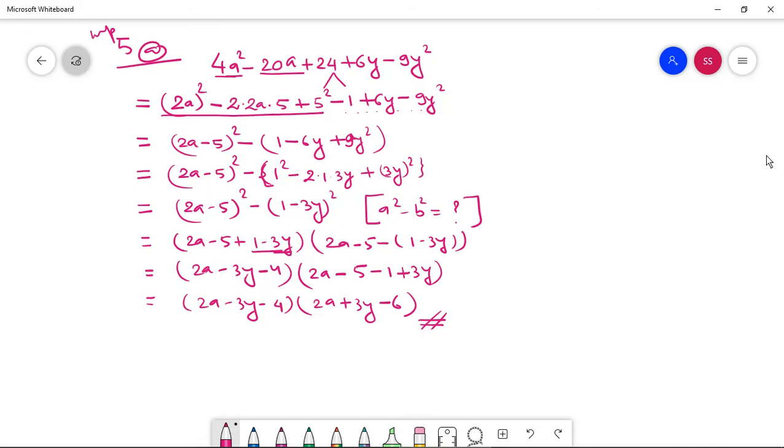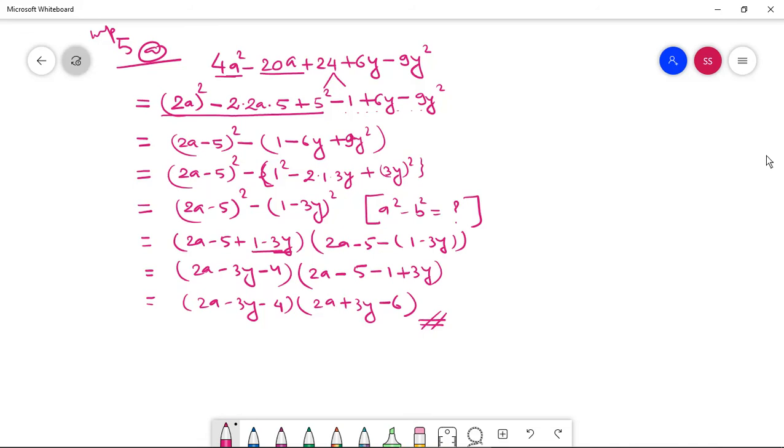Now we cannot add or subtract any terms; we should keep the terms equal. That's why, instead of 24, I have written 25. Other terms I just expand or factorize, but instead of 24 I have written 25, so to make it equal I have to subtract 1. So 25 minus 1 is also 24, and 6y and 9y square remain the same.